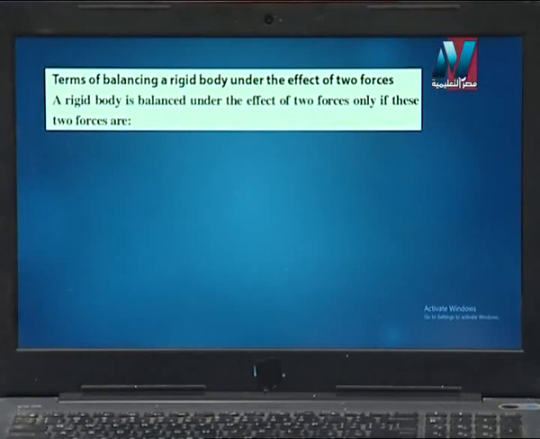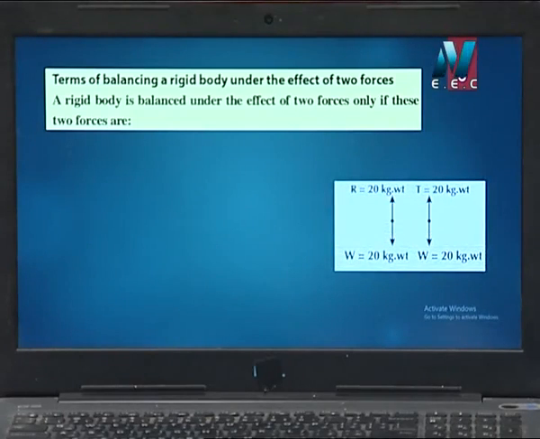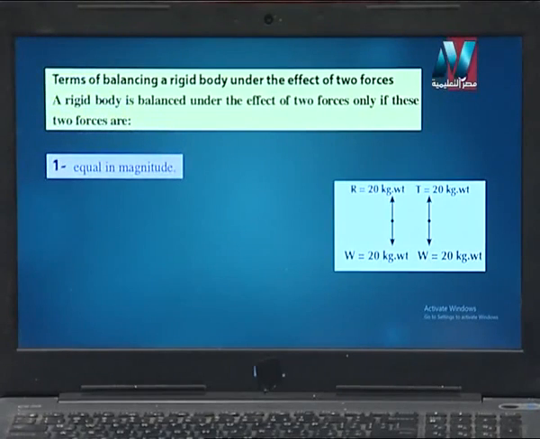Conditions of balancing a rigid body under the effect of two forces. A rigid body is balanced under the effect of two forces only if these two forces are equal in magnitude and opposite in direction. Yes, the same drawing here, we have a body affected by two forces, one of them downward and the other upward.